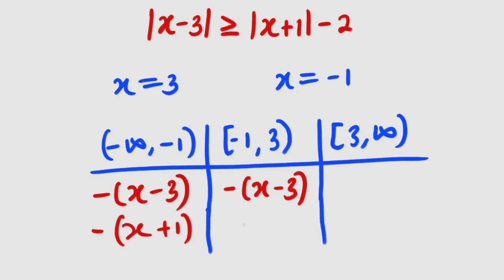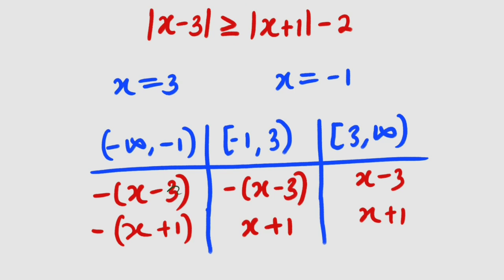Therefore, this will be positive x plus 1. Then the last interval from 3 to positive infinity, all these values are positive, greater or equal to 3. So this will be positive, likewise this one. So we have x minus 3 and x plus 1. So we have these conditions.